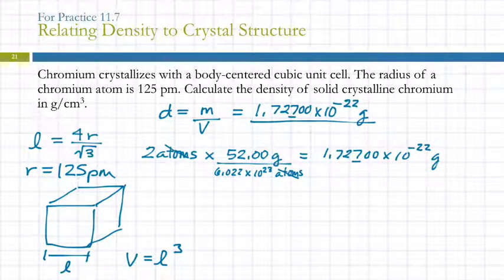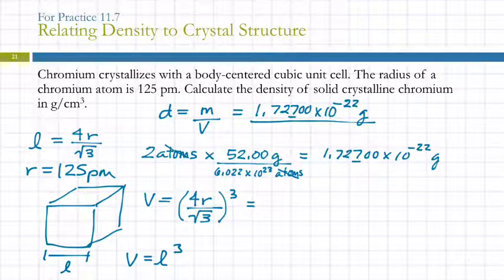So the volume is the length of this unit cube cubed. So it's 4r, don't make that look like a pi, 4r over the square root of 3 cubed.